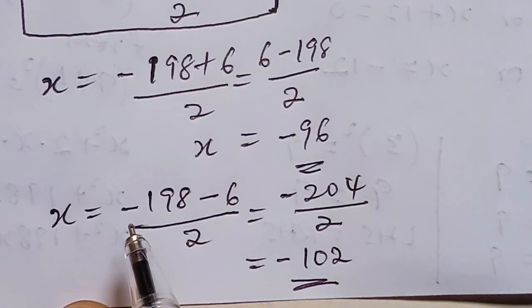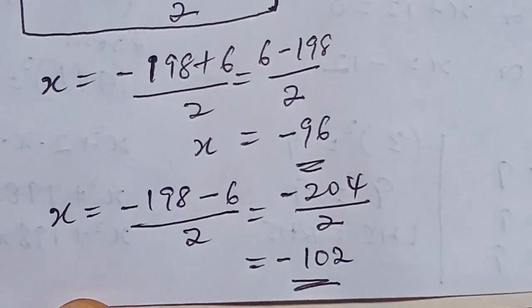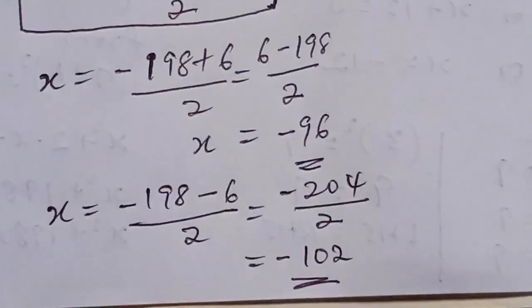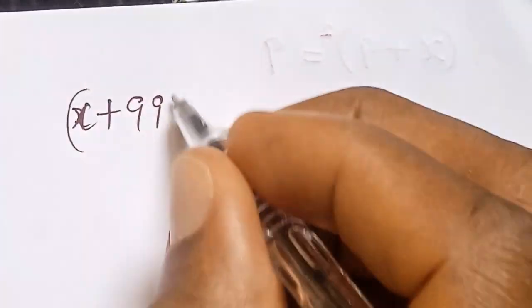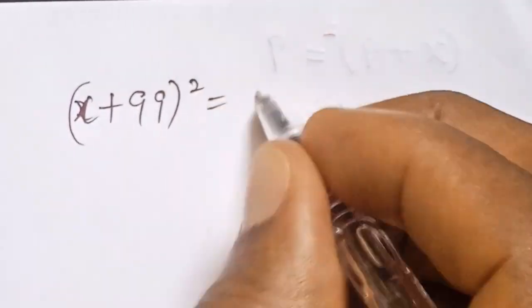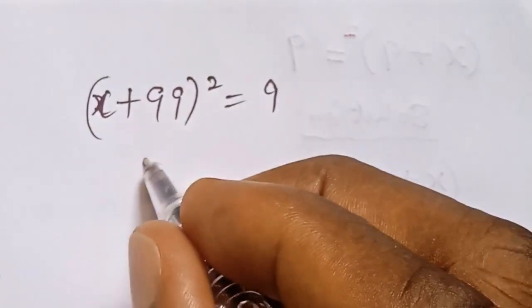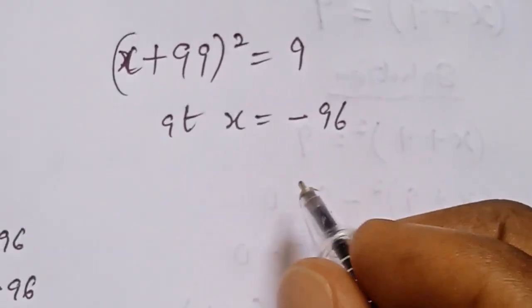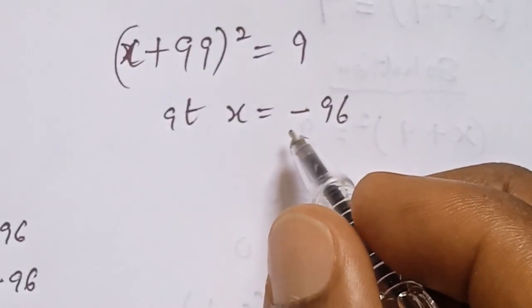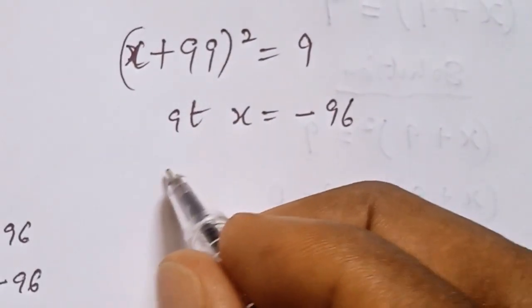So having gotten the same values for both methods, we can now quickly check if they satisfy the earlier question, which means we need to confirm the right hand side to be equal to the left hand side. So our question implies x plus 99 to the power of 2 equal to 9. So at x equal to minus 96, will the left hand side be equal to the right hand side? So we input minus 96.